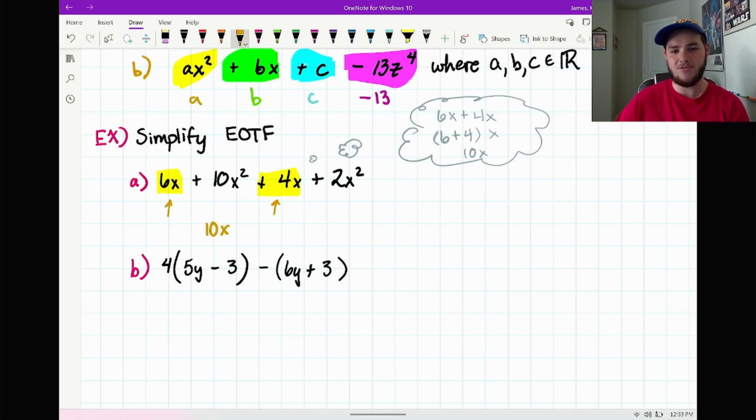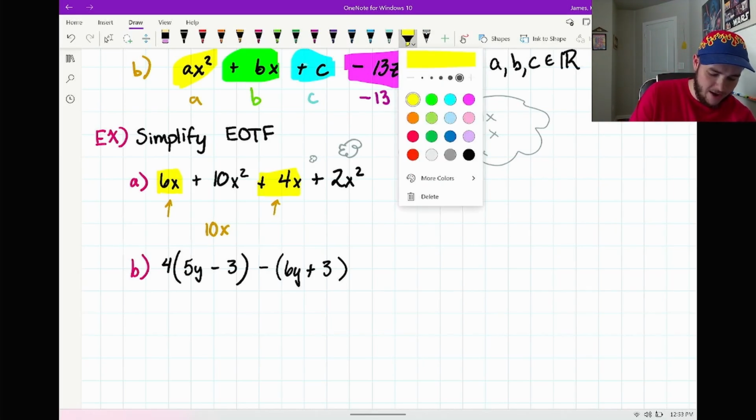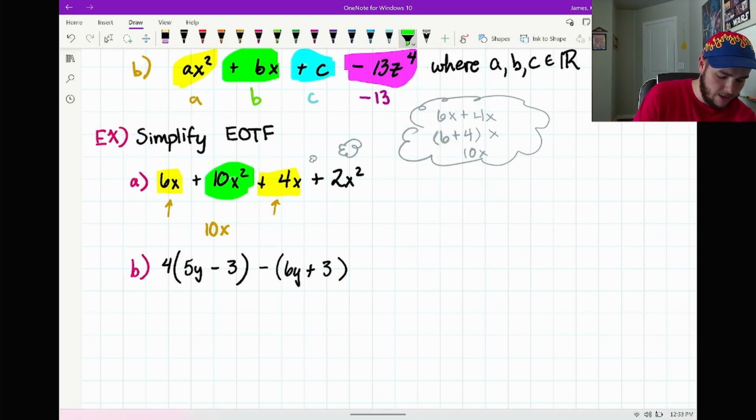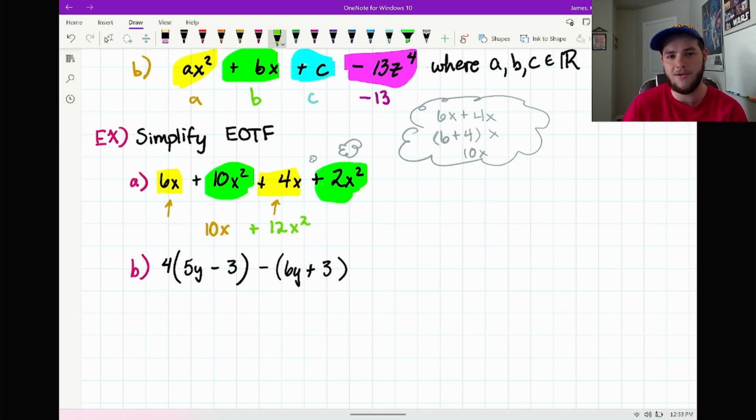But now I'm just using x to stand in for the grapes. Similarly, if I have 10 cookies and somebody gives me 2 more cookies, then I end up with 12 cookies. Only now I'm using x squared instead of cookies, and I think maybe I'm hungry and need to go grab a snack.